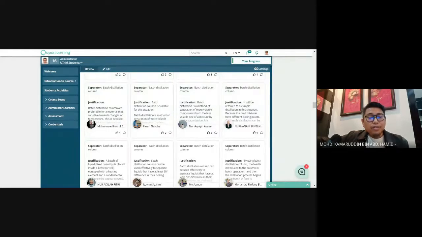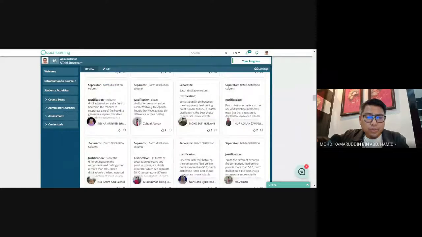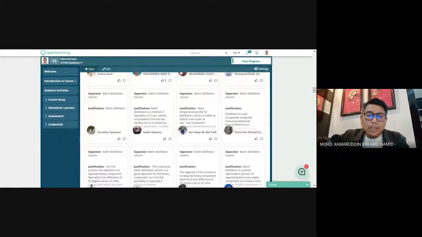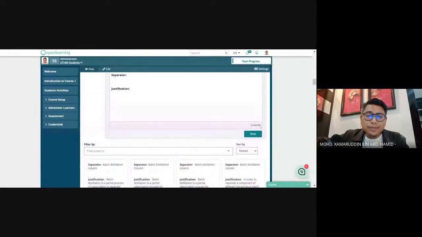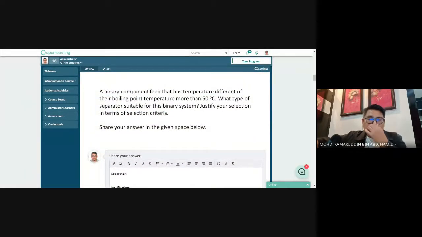So you need to be able to differentiate whether what we need here is a continuous process or a batch process, and look at the statement there. Binary means it only has two components.